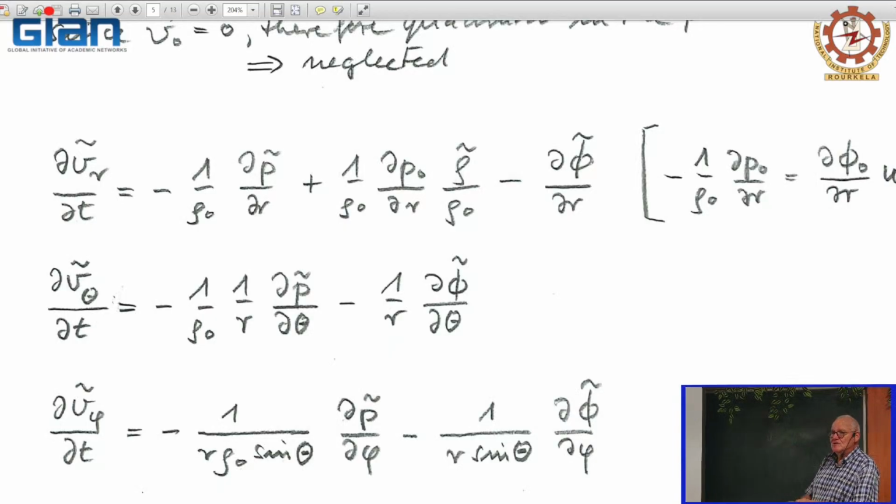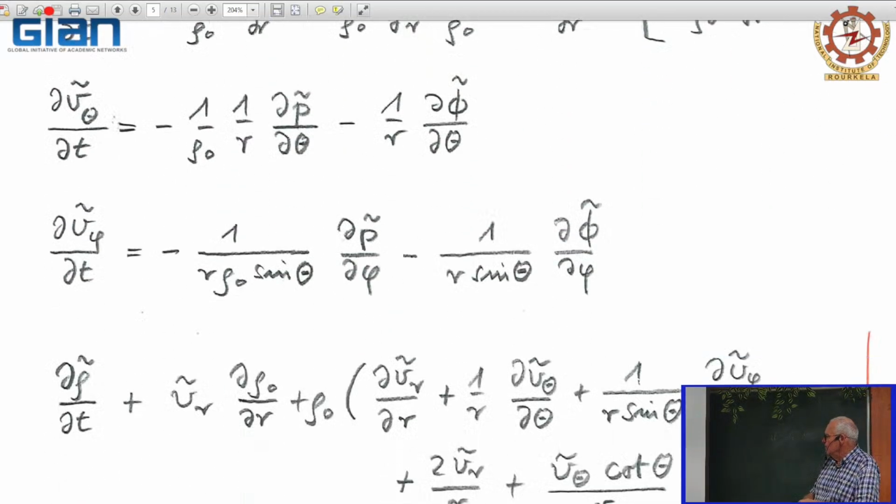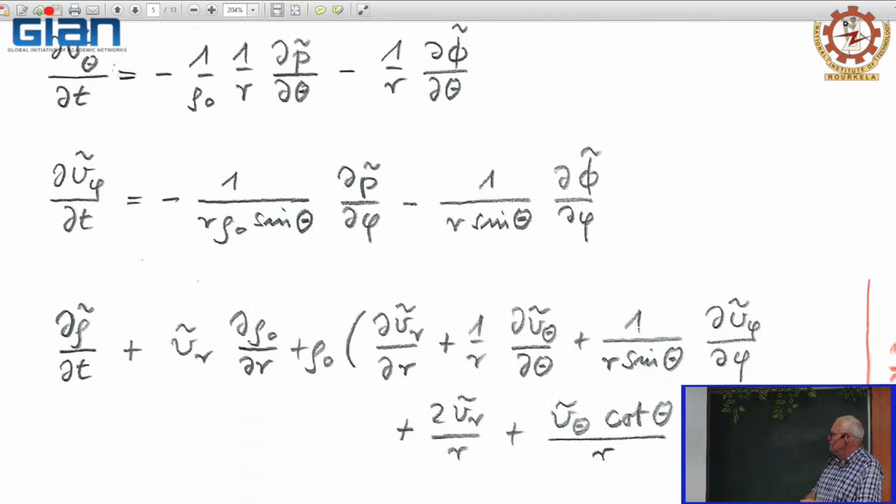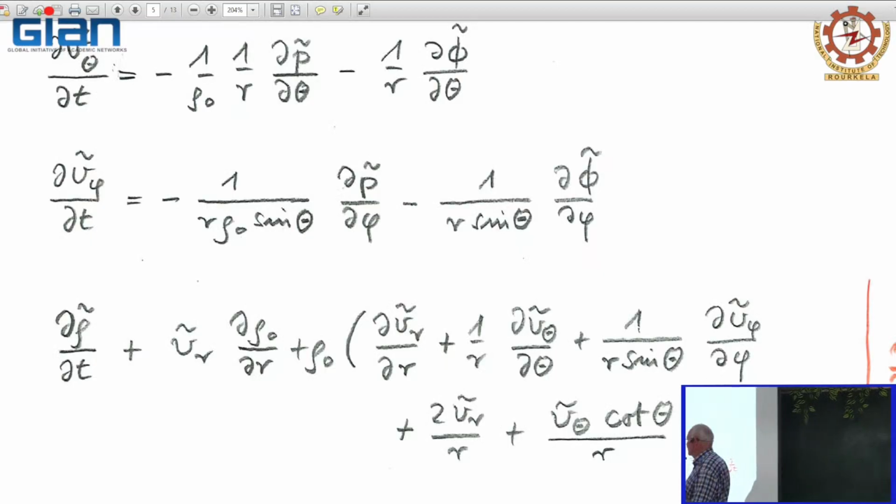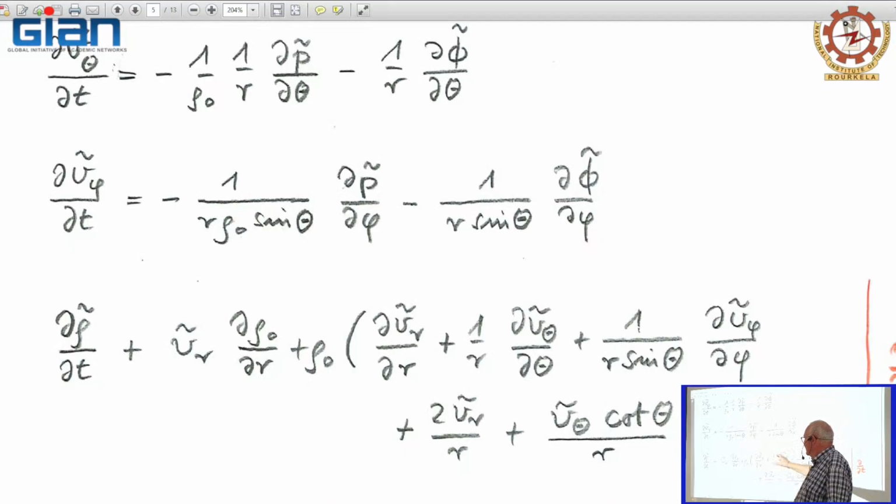Well, the second equation which we need to consider for the mechanics is the continuity equation, of course. Well, the continuity equation, again, the velocity field in our stationary configuration... if you're interested, you can do it yourself. It's a little bit of algebra, simply saying rho is rho naught plus rho tilde.